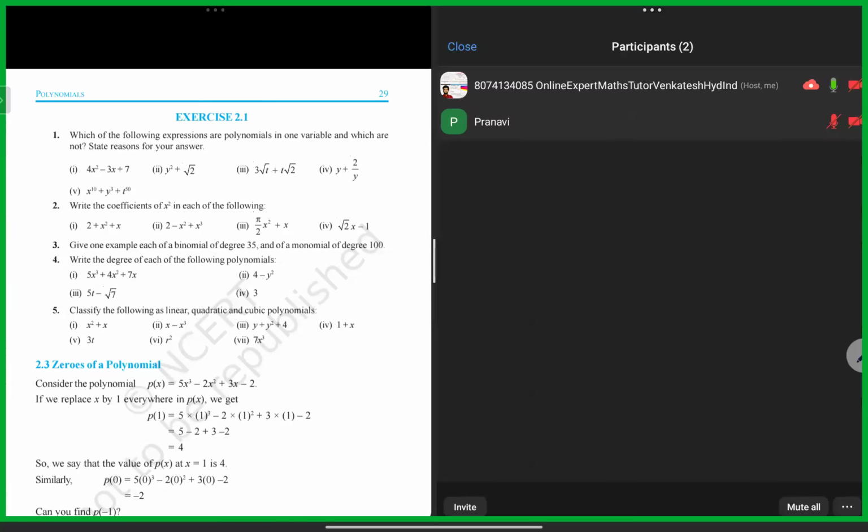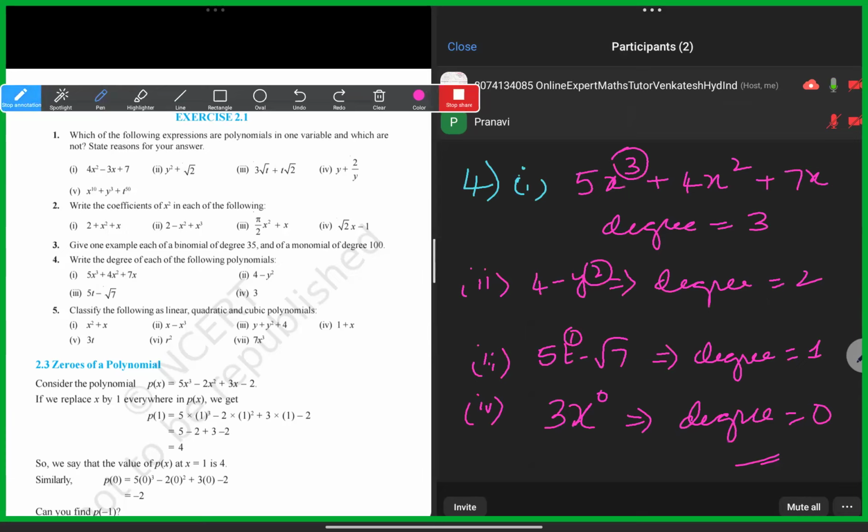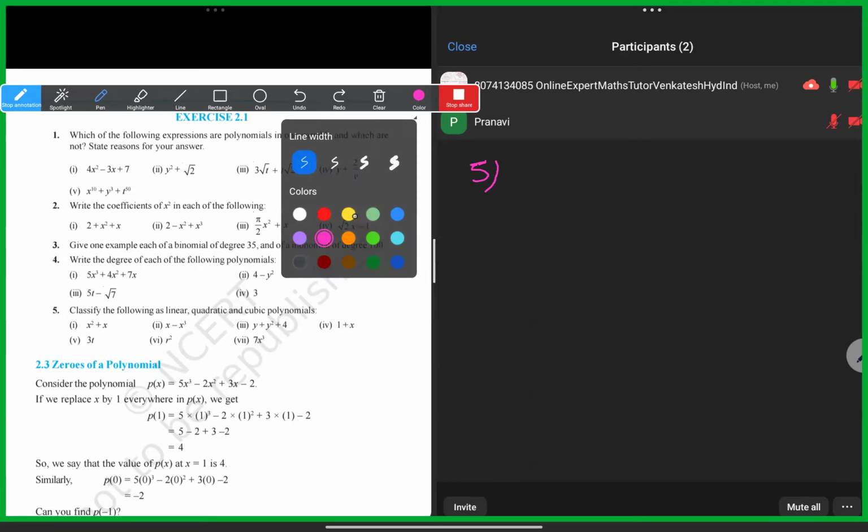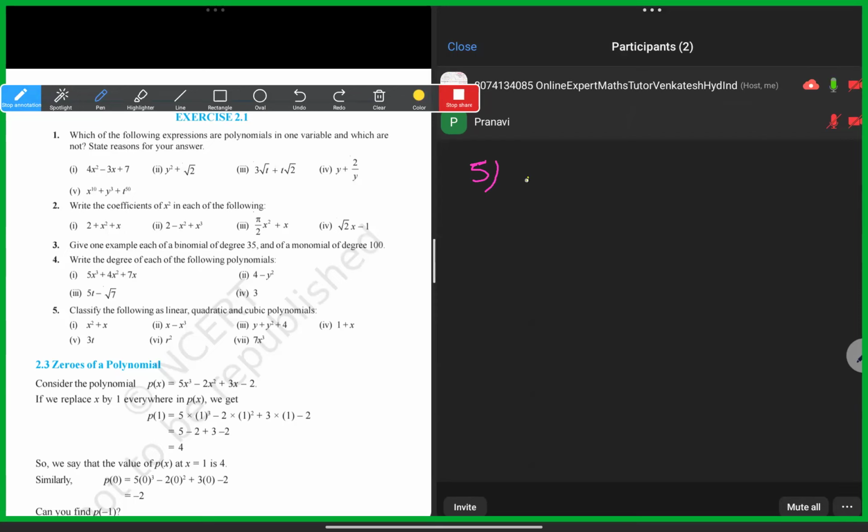So Pranavi, in the fifth question, classify the following as linear, quadratic, and cubic polynomials. If you observe, Pranavi, the first one, x square plus x, the highest power of the variable is the degree.